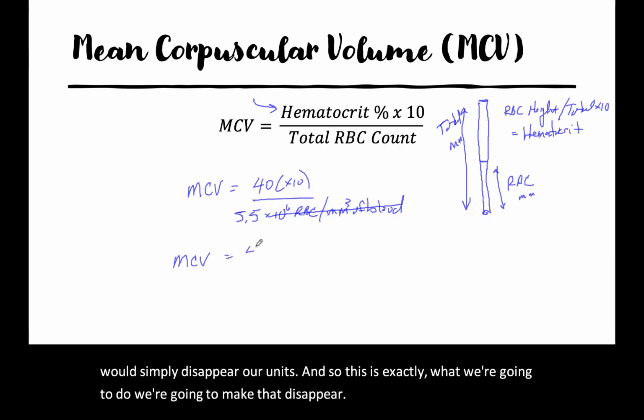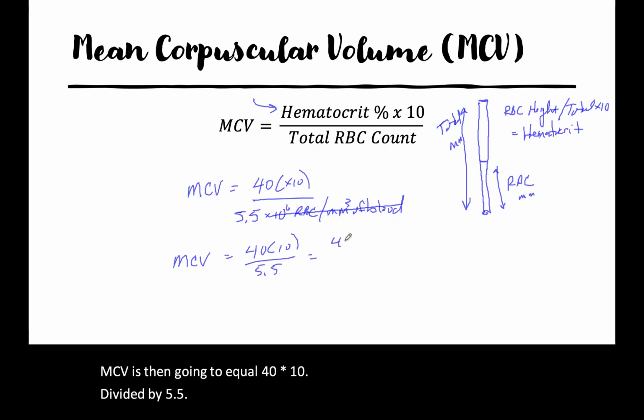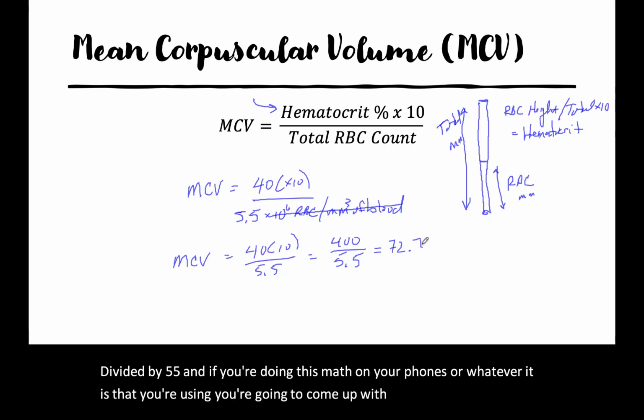MCV is then going to equal 40 times 10 divided by 5.5. 40 times 10 is 400 divided by 5.5. And if you're doing this math on your phones or whatever it is that you're using, you're going to come up with an answer of 72.73.